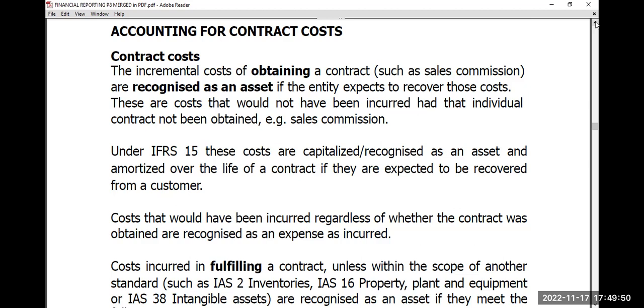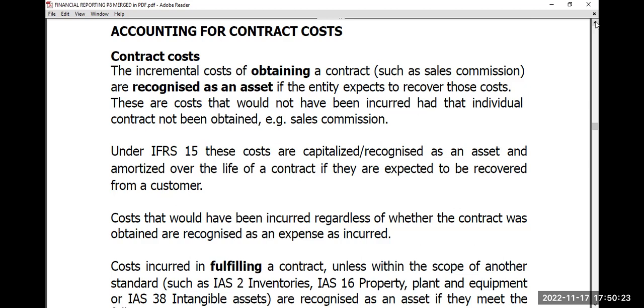Then the other one, we can talk about the cost that would have been incurred regardless of whether the contract was obtained or not. These are costs that even if you have not acquired the contract, you are going to incur them. It means they are not relevant to the contract, but they are supposed to be paid there and then.